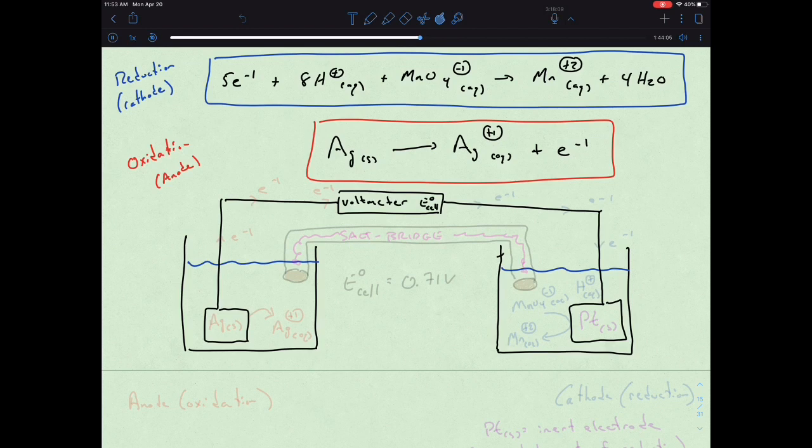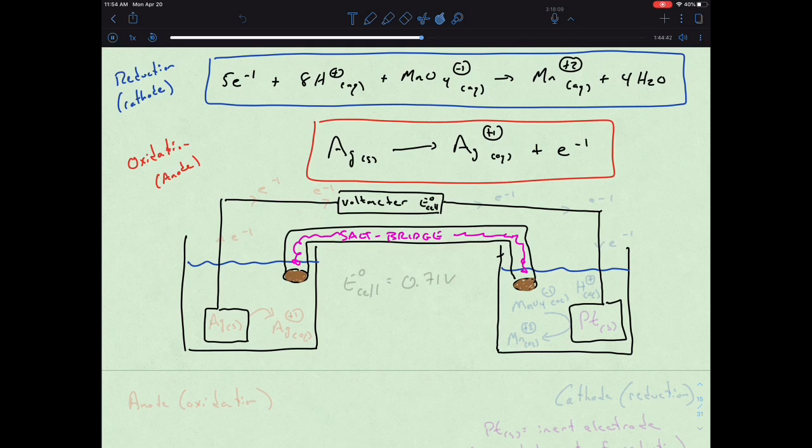And then we also have our salt bridge. So these are all the necessary components, if you will, for the experiment or putting the battery together. And remember, these are separate. There's a cap on these, just a communication of charge.